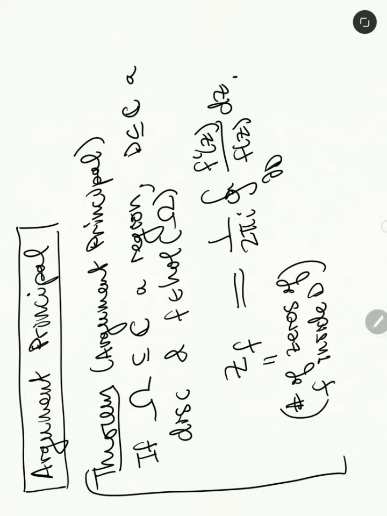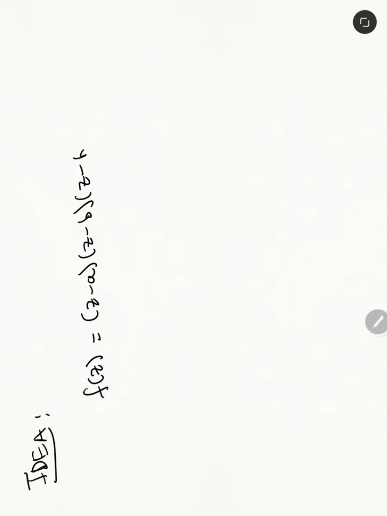Okay, so let me give the idea first. So here's the idea of the argument principle. So let's consider a polynomial like this, and I want to look at what happens to, so here's the map f.